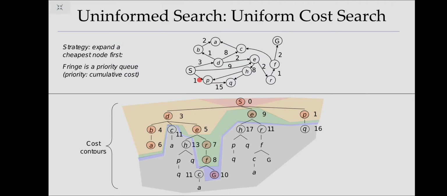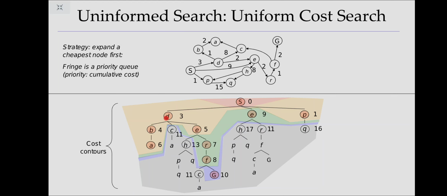their labels. To define the labels, for S, the label is 0. For the child of S, the cost of the link between S and D is added to the label of S, or the label of the predecessor node.